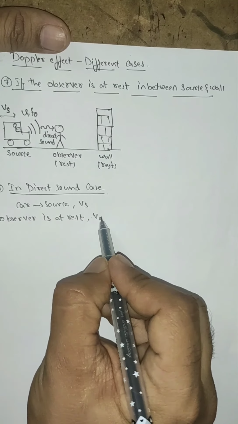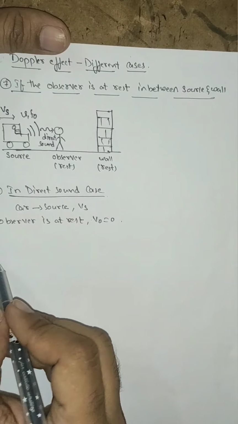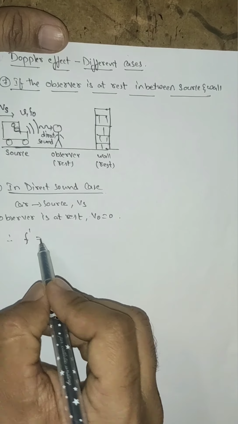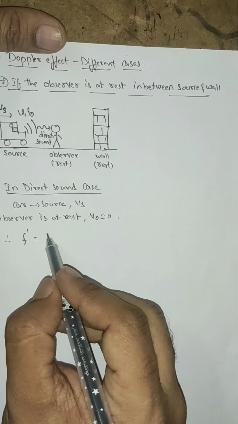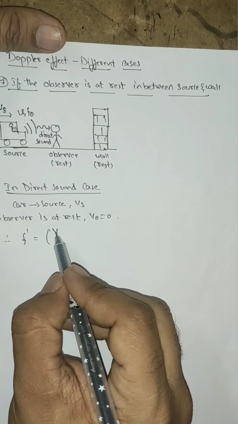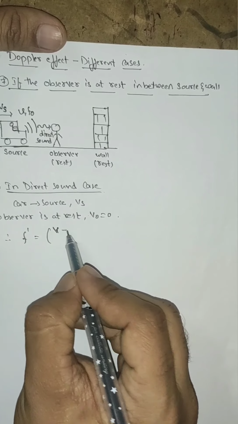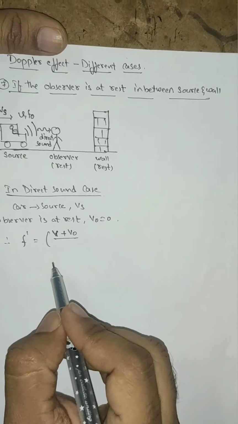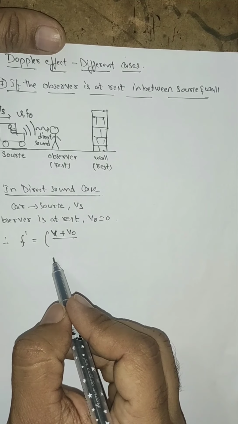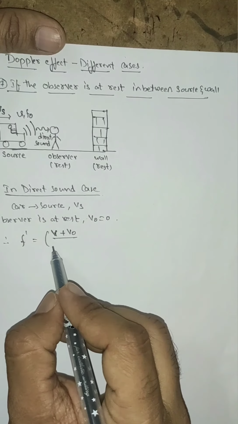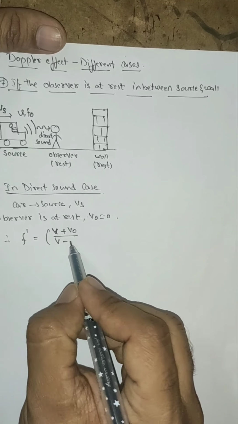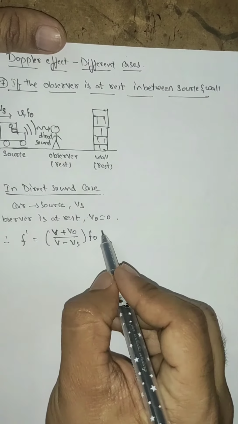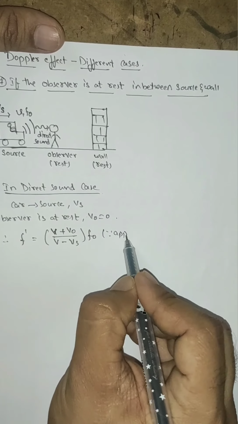That is, v0 is equal to 0. So what is the apparent frequency received by the observer, and this is the approach case here. First of all I will write the formula here, approach case: (v plus v0) by (v minus vs) into f0, right? Since it is an approach case.